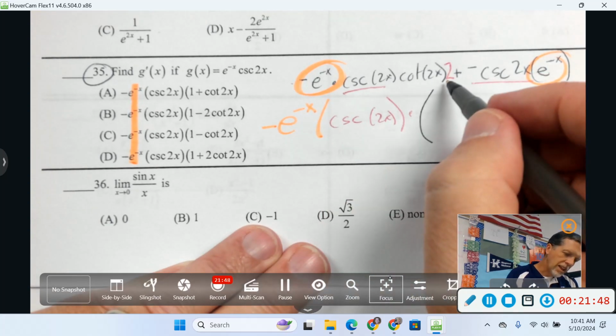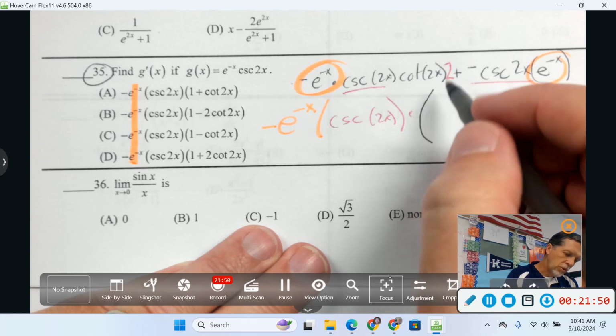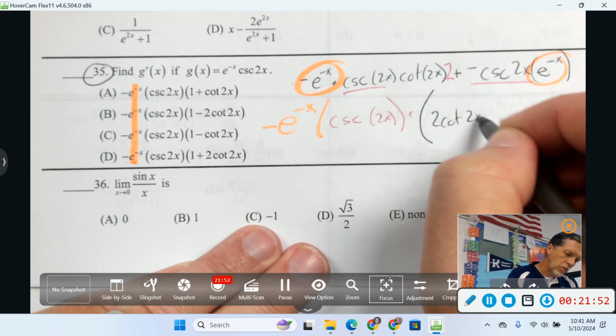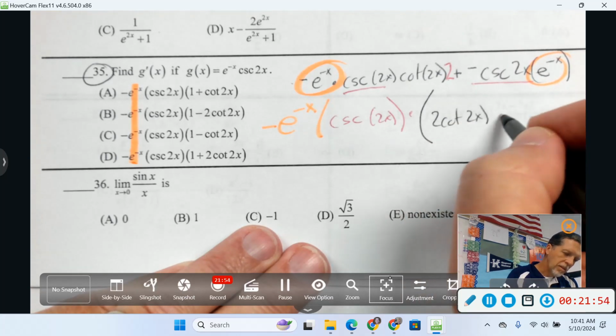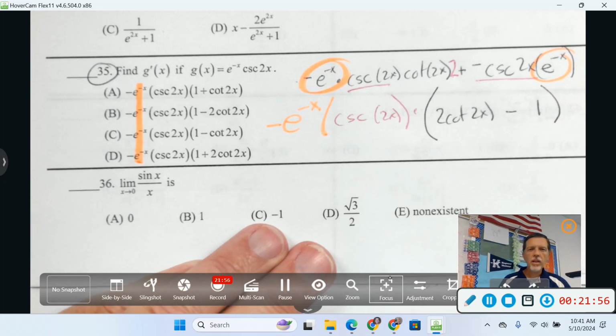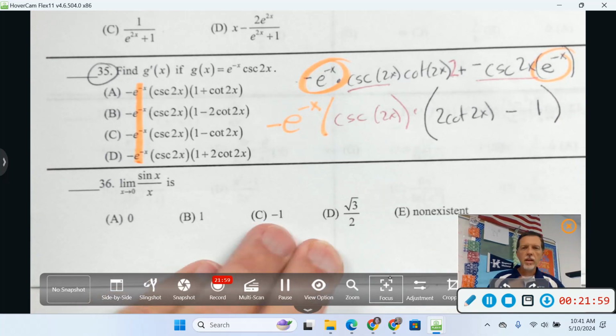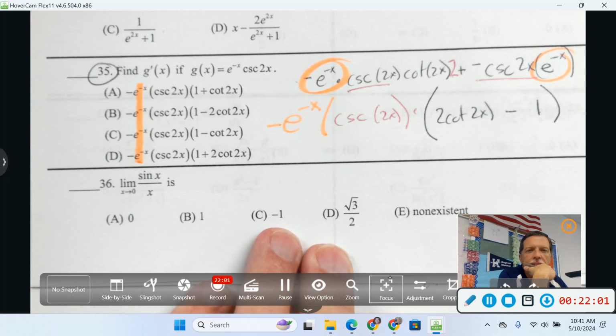And then what's left is 2 cotangent 2x minus 1. Why is that not an answer choice? What did I do wrong? Or is it an answer choice?